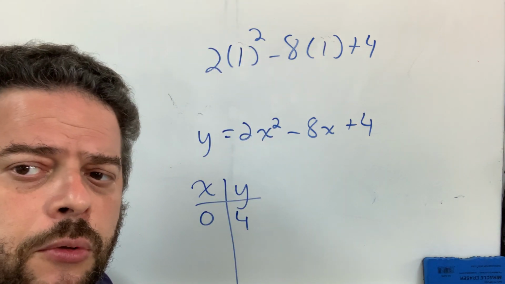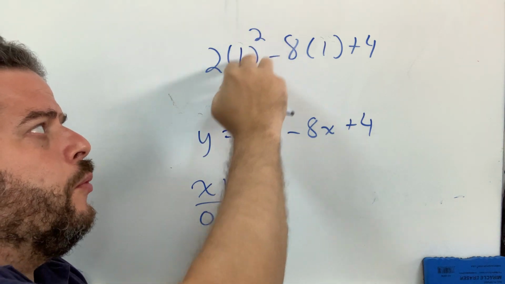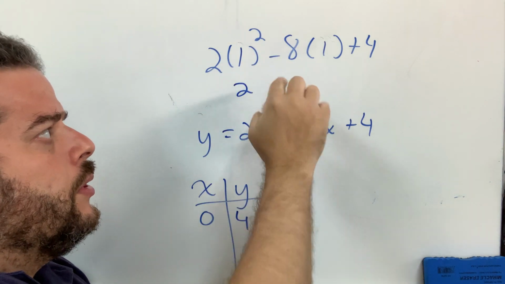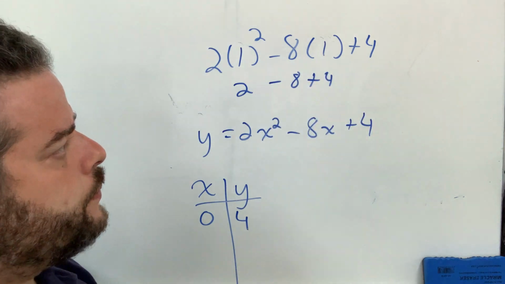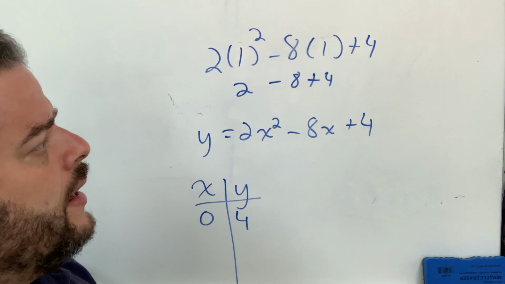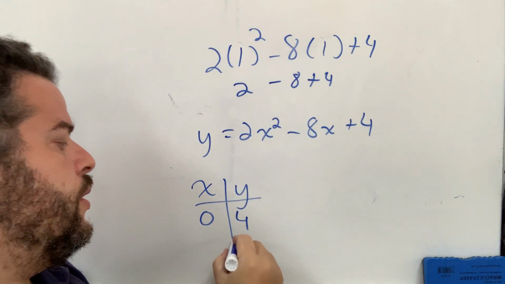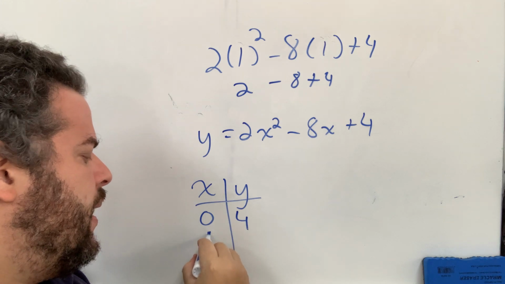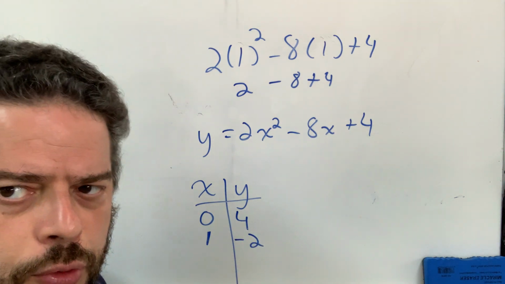That is absolutely incorrect. PEMDAS, exponent first. 1 squared, 1 times 2, 2. Here I have negative 8 plus 4. I add everything and I'm left with negative 8 plus 6, which is negative 2. So when my input is 1, my output is negative 2.